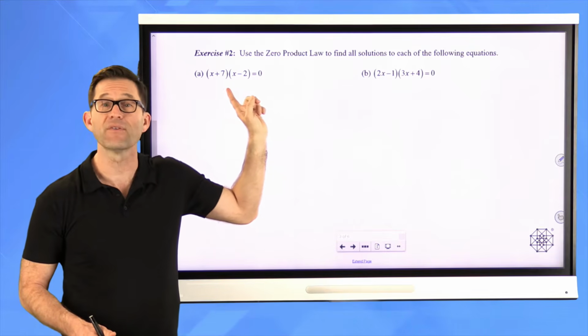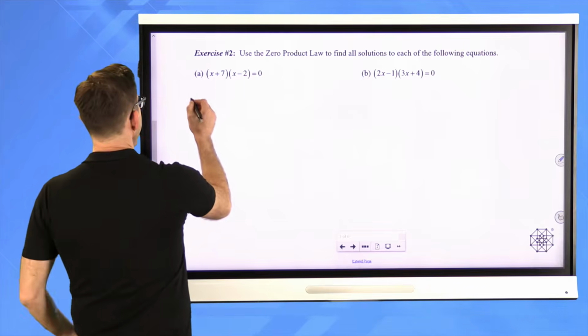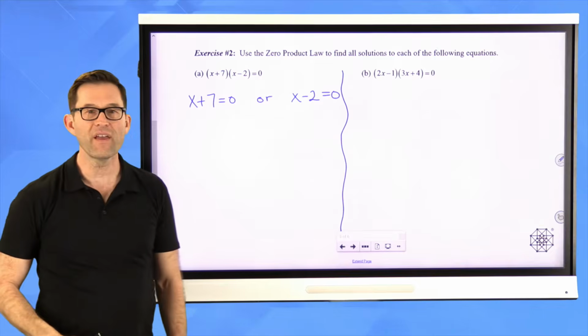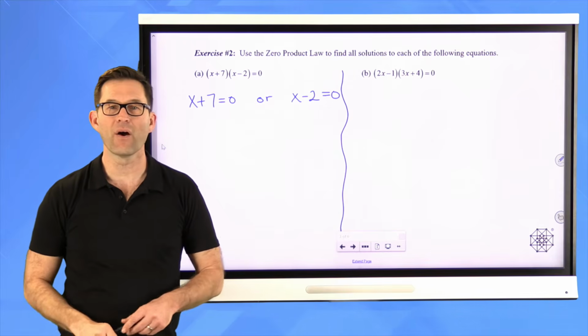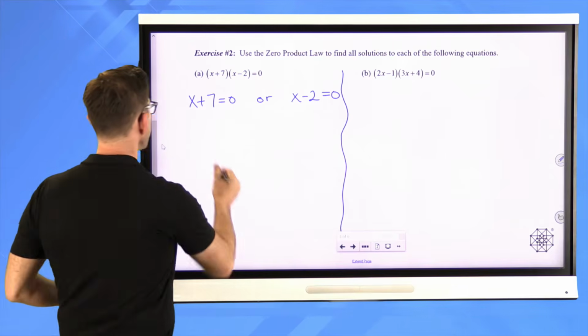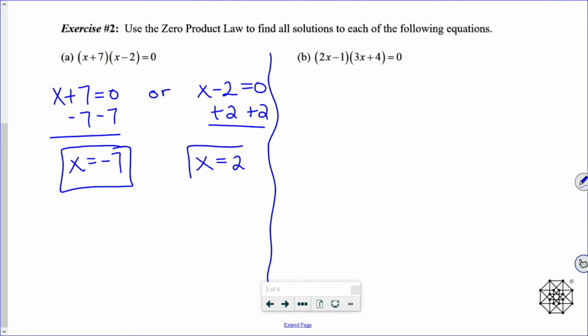Then I know that either x plus 7 could be equal to 0, or x minus 2 could be equal to 0. And the great thing is, as soon as I write those two down, solving them is a piece of cake, right? To solve this one, I just subtract 7 from both sides, and I get x equals -7. And to solve this one, I add 2 to both sides, and I get x is equal to 2.